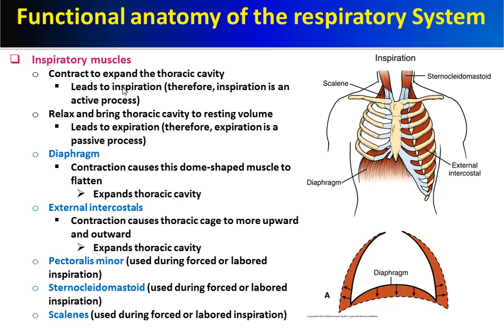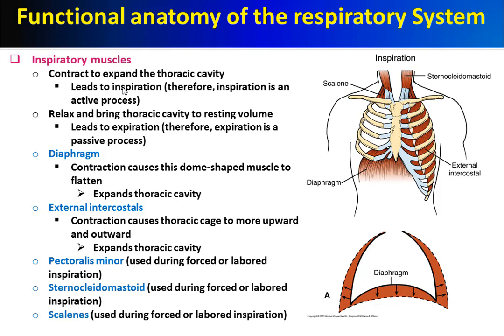Accordingly, inspiration is an active process because it requires the inspiratory muscles to contract first, then the thoracic cavity expands, and then air gets in. It is very important to realize that the chest cavity expands first and then air gets in.